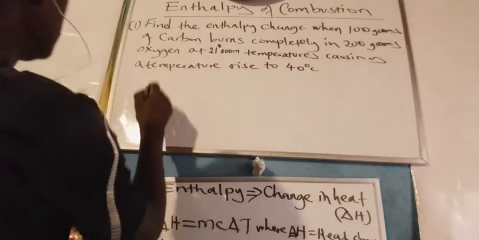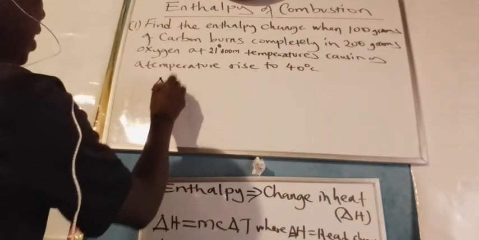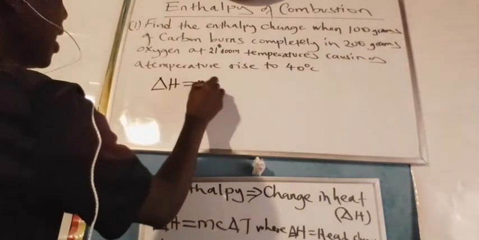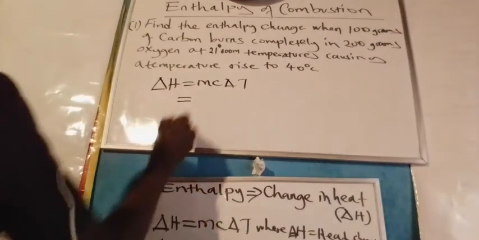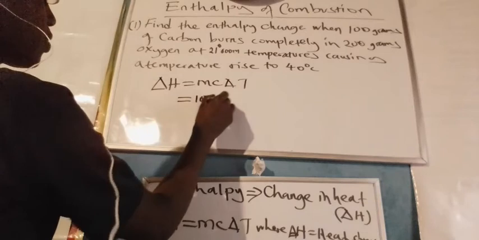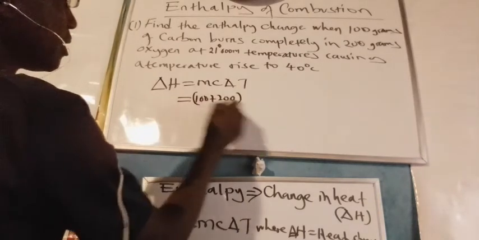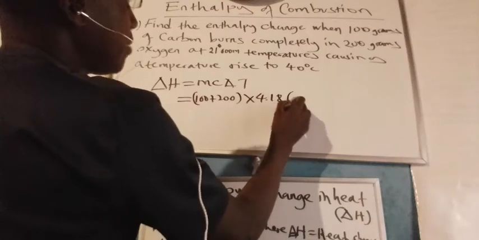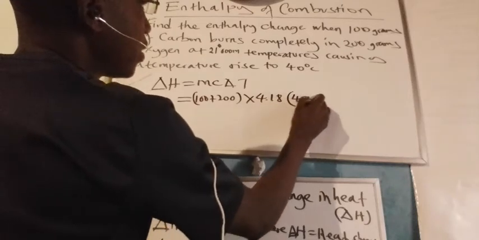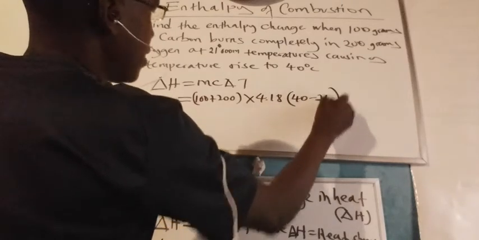What are we supposed to do? To be able to answer this question, we simply use the formula delta H is mc delta T, and what you obtain is the overall mass, which in this case is 100 plus 200 grams times 4.18 times temperature change, which is 40 minus 21.